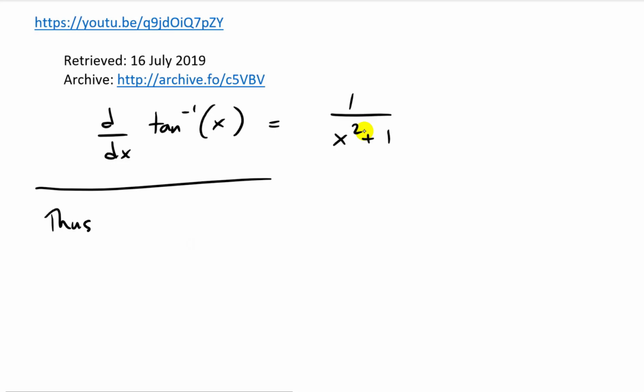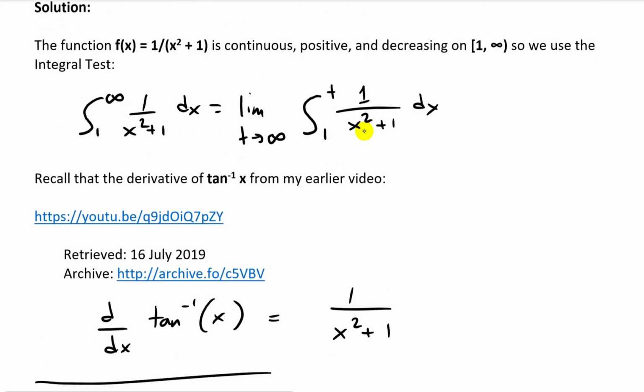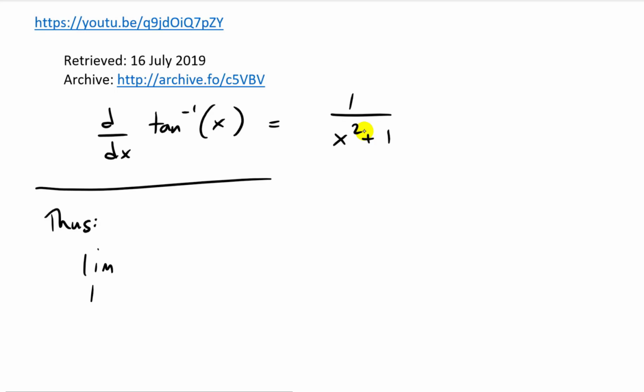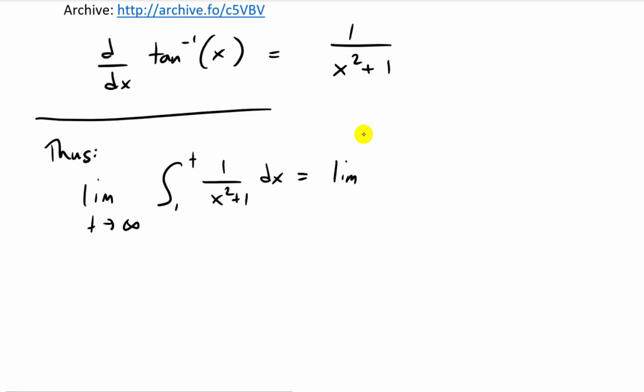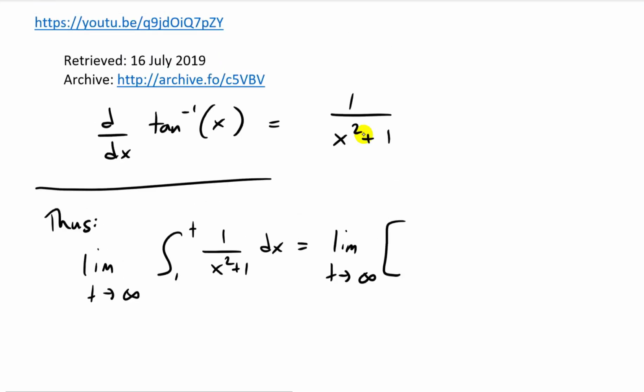Thus we have the limit as t approaches infinity of the integral from 1 to t of 1 over x squared plus 1 dx. This equals the limit as t approaches infinity of the antiderivative, which is inverse tan of x, evaluated from 1 to t.